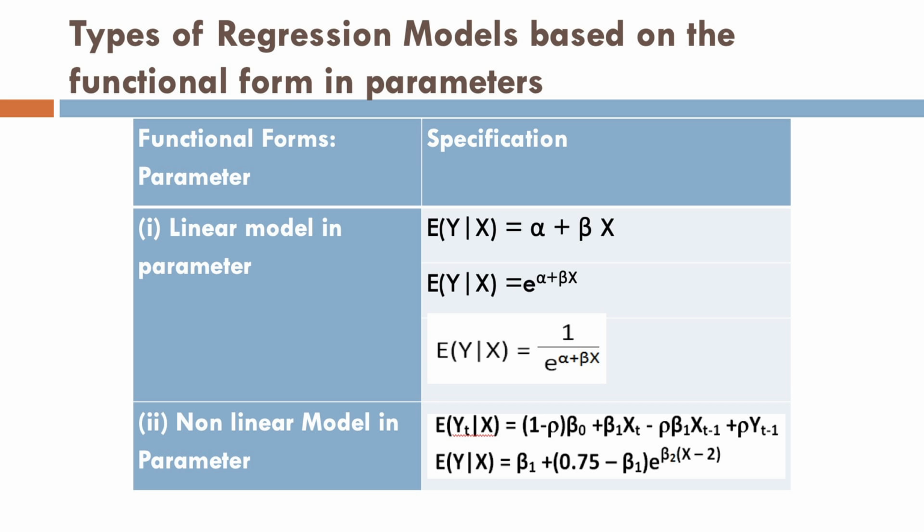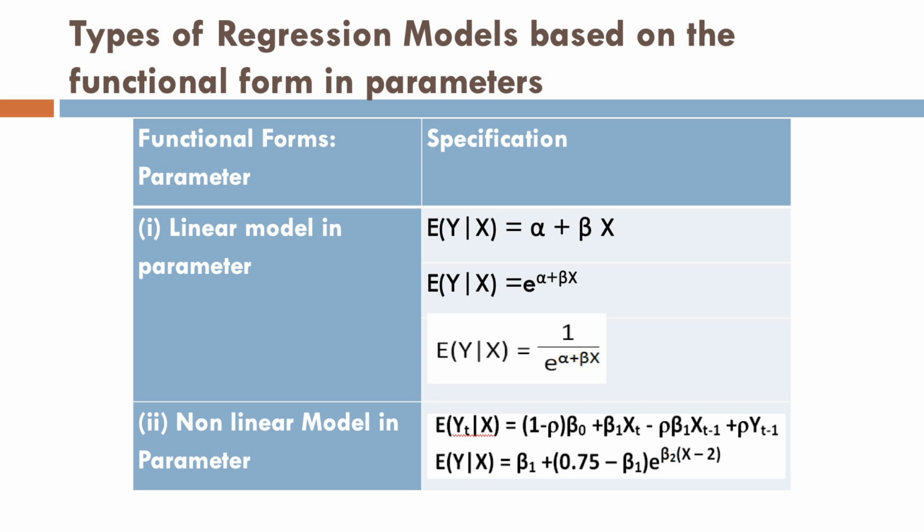In the third term you have two parameters again, rho and beta 1, and this regression model is called non-linear with respect to parameters.